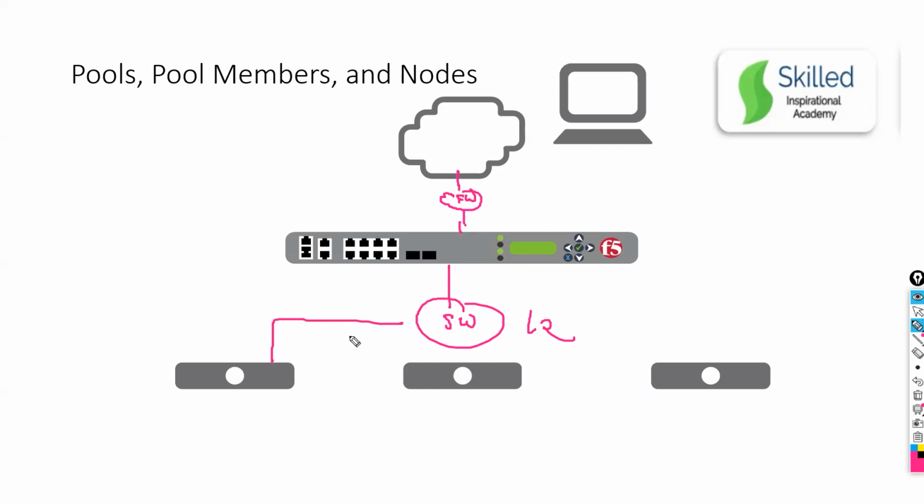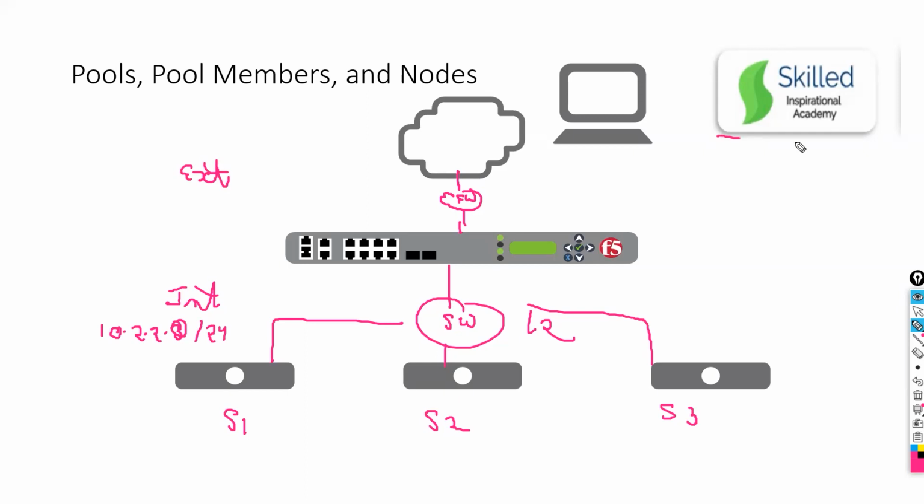Then your servers are connected to the layer 2 switch: server 1, server 2, server 3. These are your application servers. And this network is which network, guys? This network is the internal network. And the internal network is in which subnet? 10.2.2.0/24. And this one is our external segment.